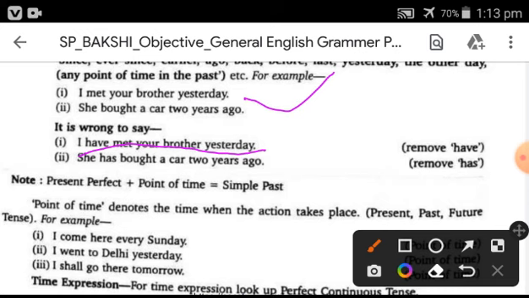The second is, she has bought a car 2 years ago. Again, ago is an adverb which shows past time, so we have to remove has in order to correct this sentence. I hope this is clear to all.